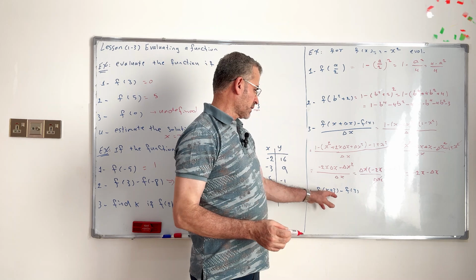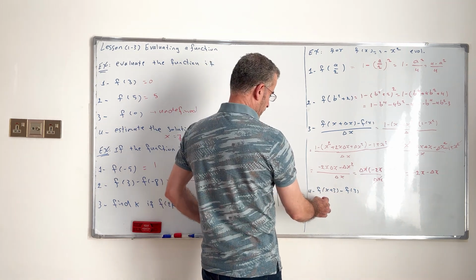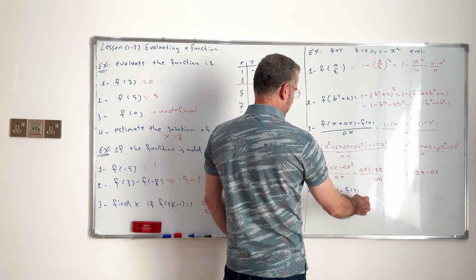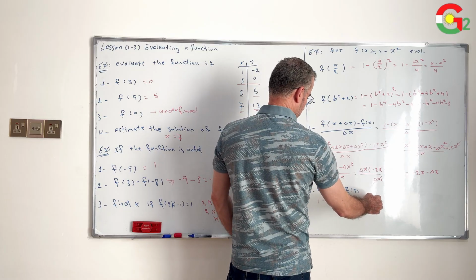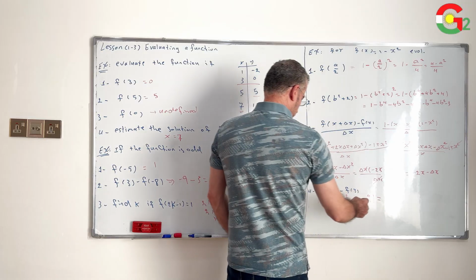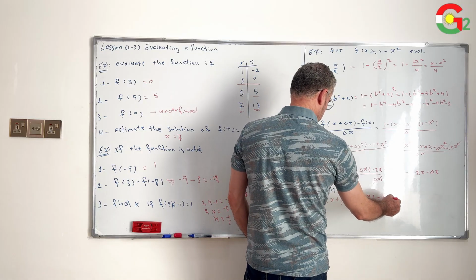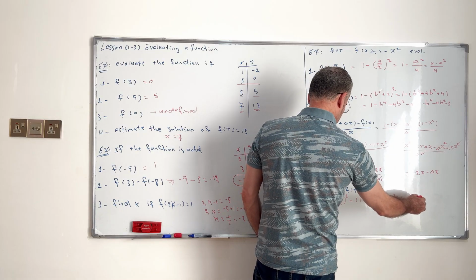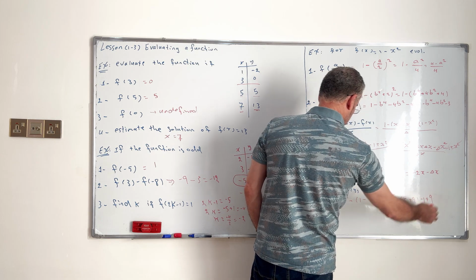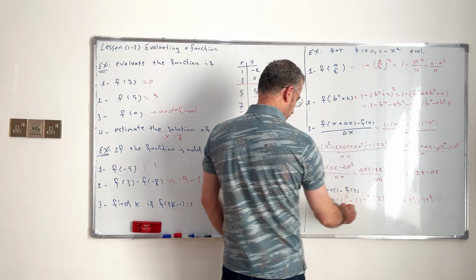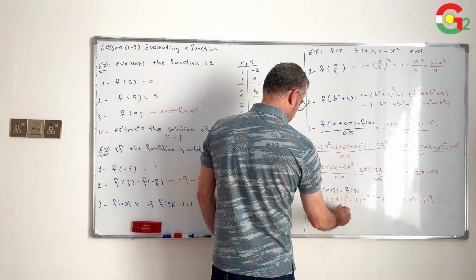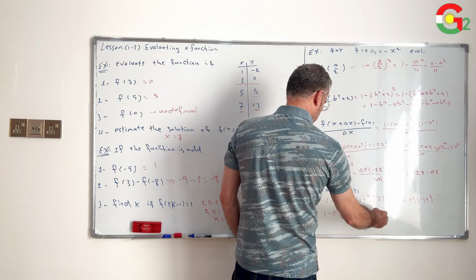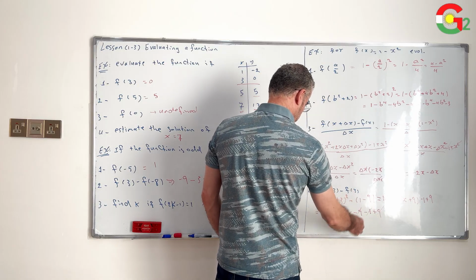Number 4, f of x plus 3 minus f of 3, it will be 1 minus (x plus 3) power 2 minus f of 3, 1 minus 3 squared, 9, equal to, open this bracket, 1 minus (x power 2 plus 6x plus 9) minus 1 plus 9, equal to 1 minus x squared minus 6x minus 9 minus 1 plus 9. 1 with 1, 9 with 9.